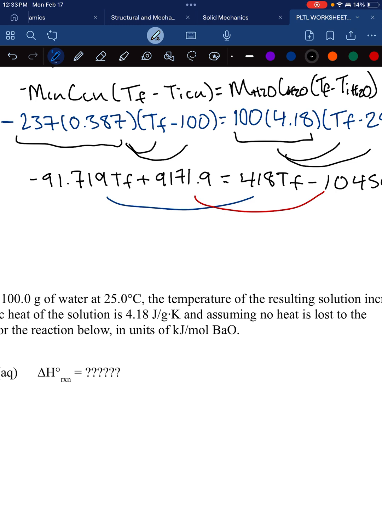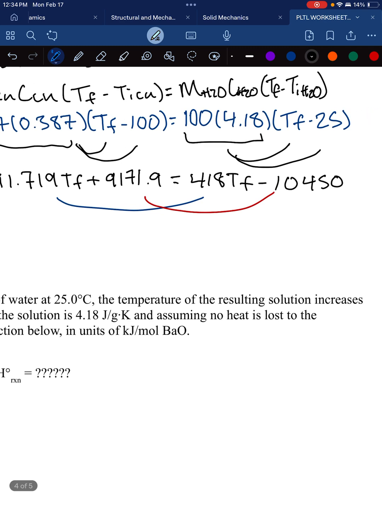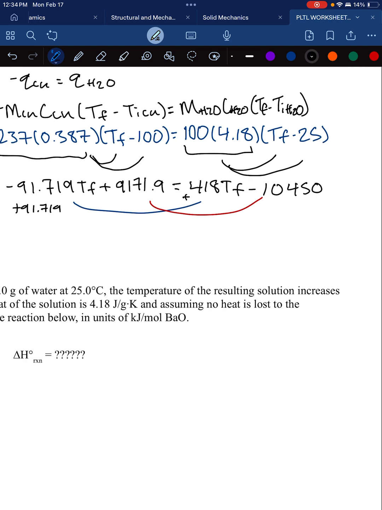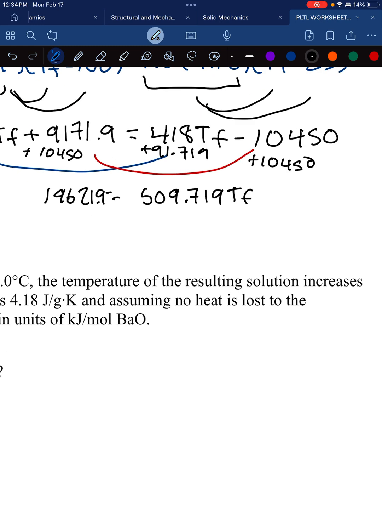You know what, we can just add them together. So I'm going to add 91.719 to this side, and I'm going to add this to the other side. Don't make simple algebra mistakes. Okay, now we need to divide.